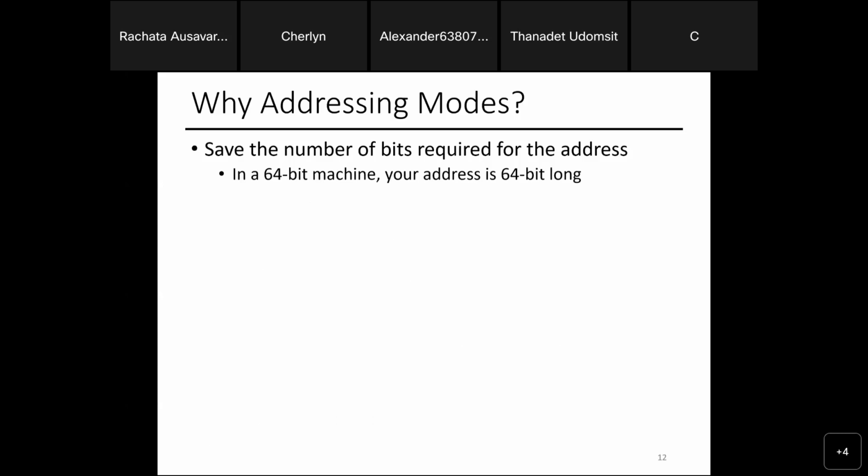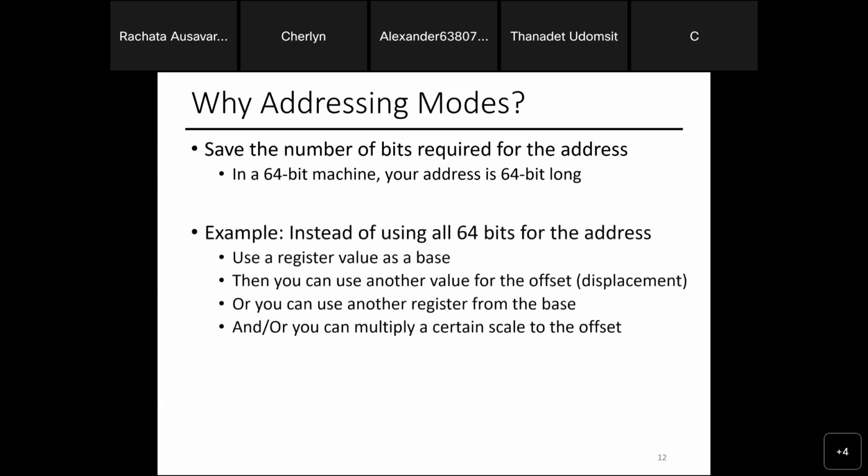I don't want that. So designers say, let's have this fancy version to address different locations. So you can do some addition, some subtraction, some multiplication on your address in a way that you don't need the entire 64 bits. Now you can represent an address using fewer bits, or you can treat the register value as an address.